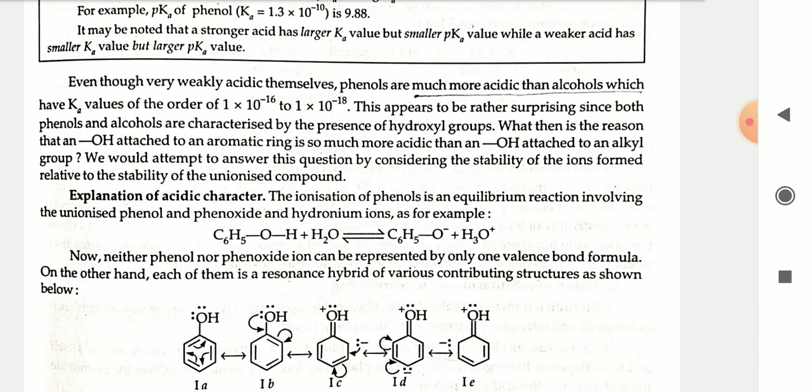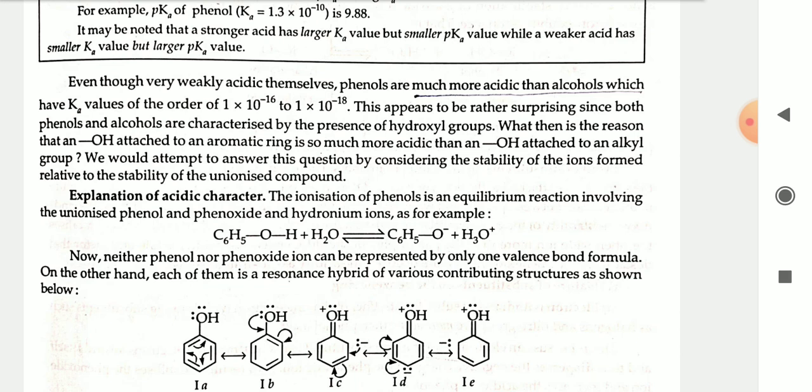Ionization of phenol is an equilibrium reaction involving the unionized phenol, the phenoxide ion and the hydronium ion as follows. C6H5OH plus water gives C6H5O negative plus H3O positive. Now, neither phenol nor the phenoxide ion can be represented by only one valence bond formula.